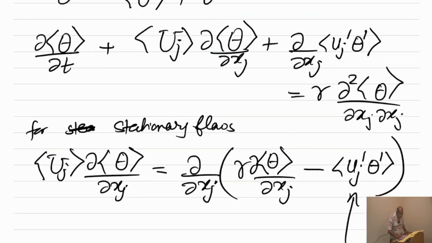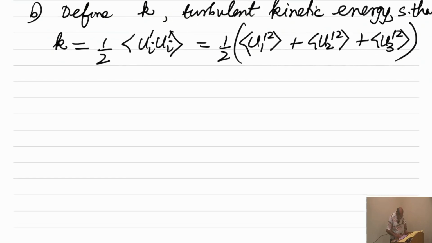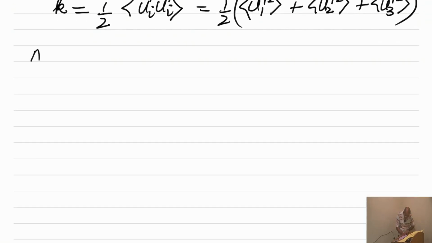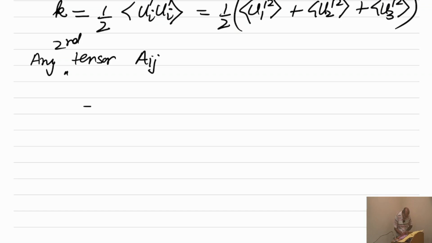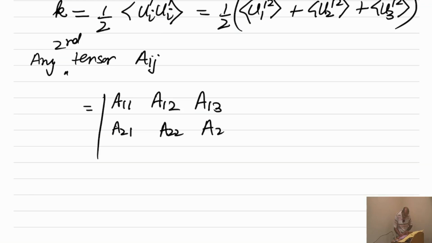So next, let's have a look at any second order tensor Aij. I can write this tensor as A11, A12, A13, A21, A22, A23, and so on. It is symmetric or not symmetric, it doesn't make a difference.